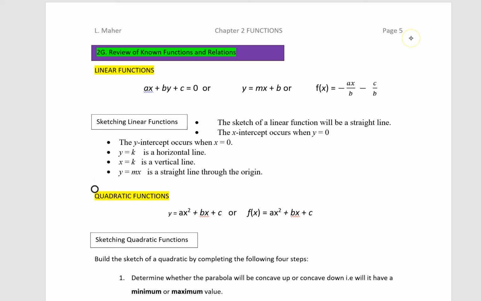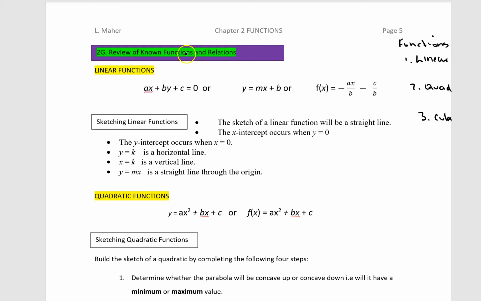I think I wrote a heading, functions, on the side of the board, and I wrote 1 linear, 2 quadratic, 3 cubic, etc. So now, as you can probably see here, this is the way I've set the notes up within our functions.